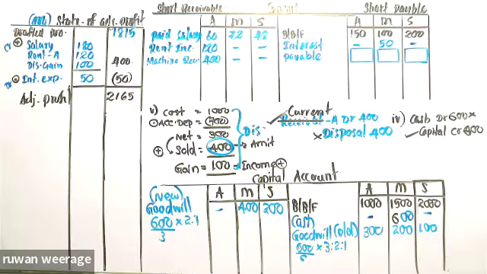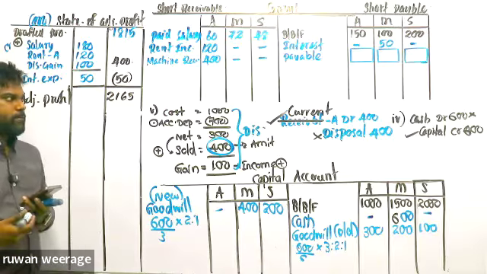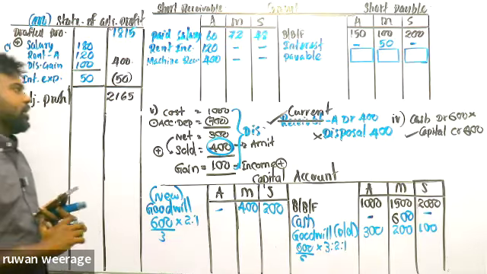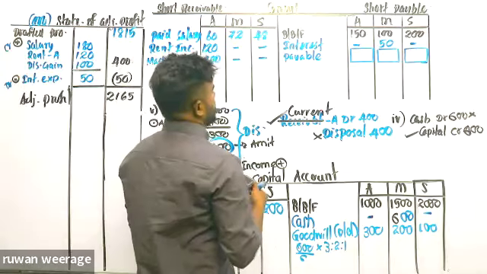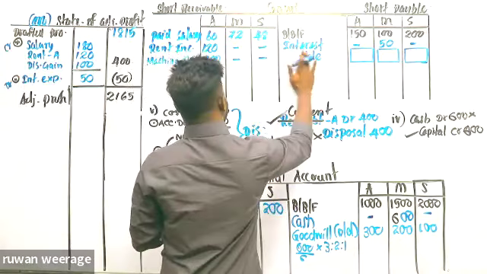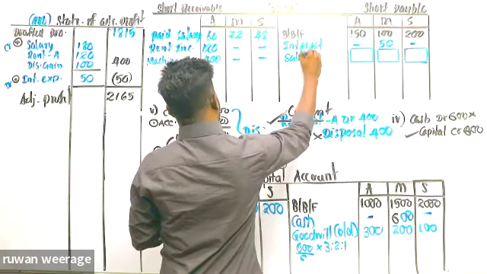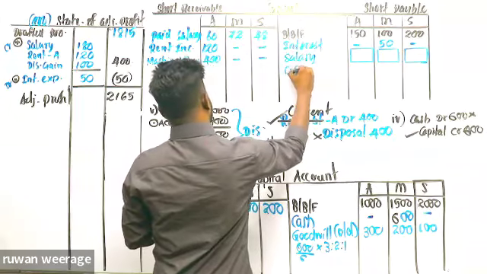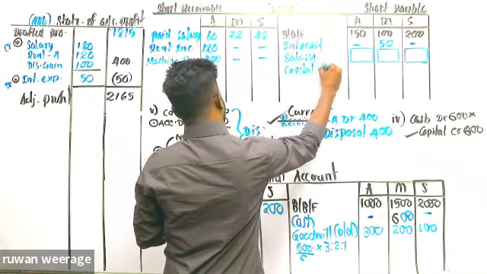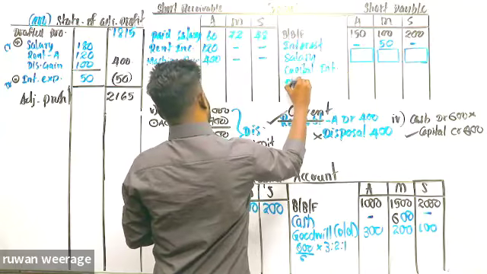Right. Now you have to calculate, kids, the salary, capital interest, and profit shares.